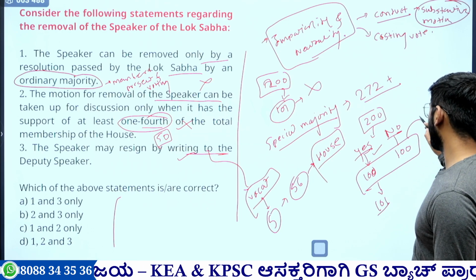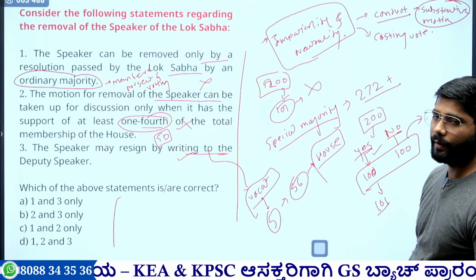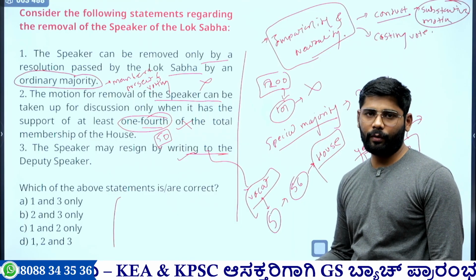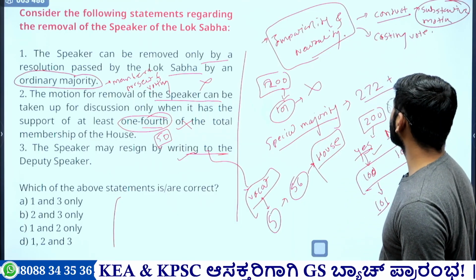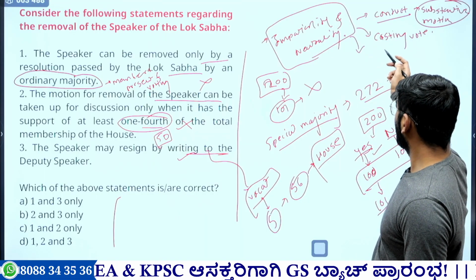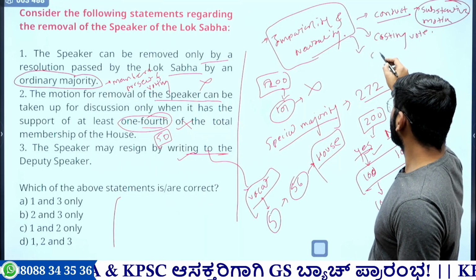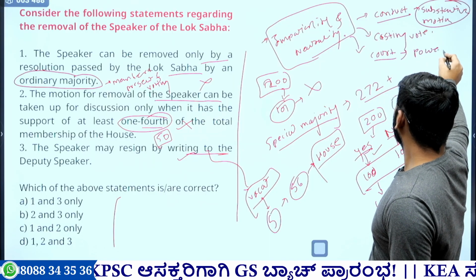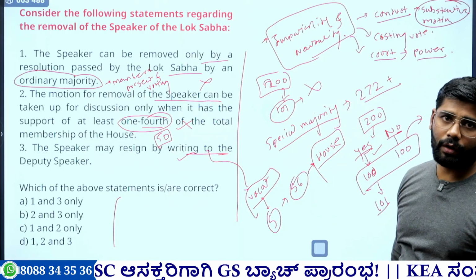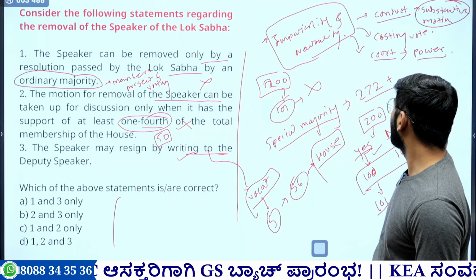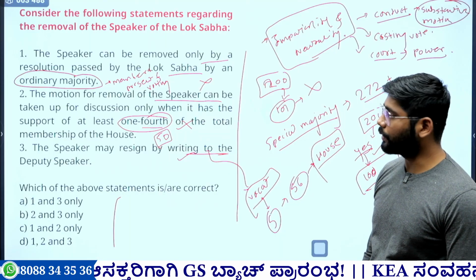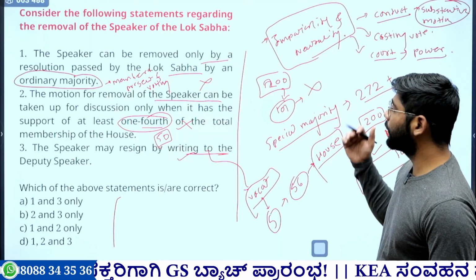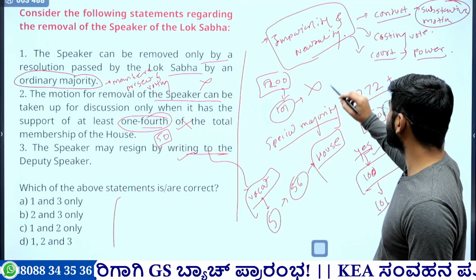If he says no, the bill will not be passed in the Lok Sabha. This is the casting vote. Then again, the court will not intervene in his power to regulate the procedure of the House. These are the important aspects that maintain the impartiality of the position of Speaker.